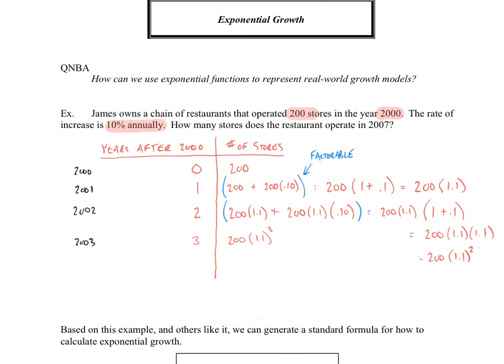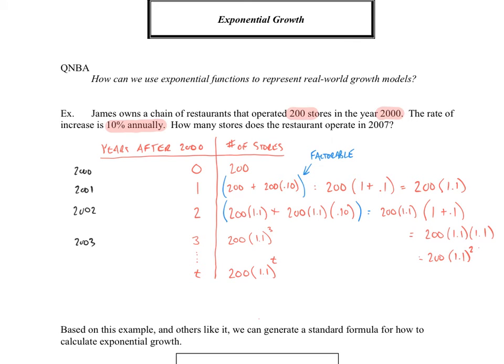And it doesn't matter how many years we go with this exponential growth function, whatever the number of years is going to be 200 times 1.1 to the t, or however number of years it is, power. And we see how if we just keep doing that pattern, it's going to keep emerging. We're going to keep being able to factor that string of 200 times 1.1s, right? It's just going to keep happening, so we can keep condensing it and writing it this way.